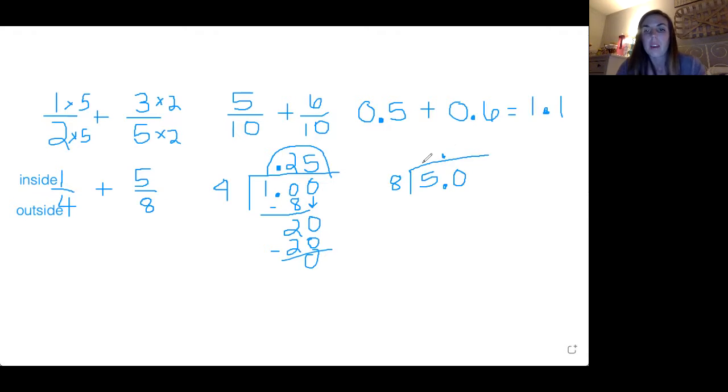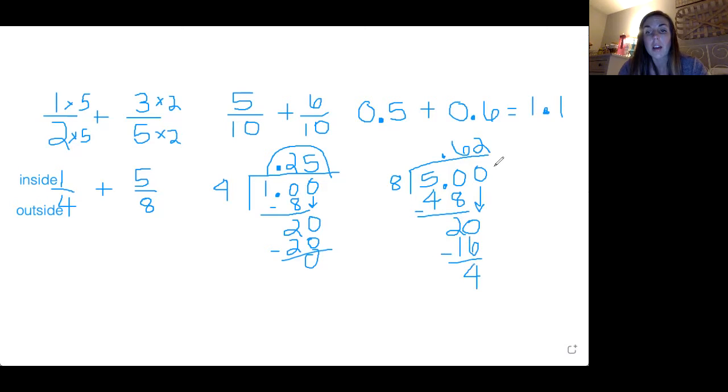Okay. 8 goes into 50 6 times. 8 times 6 is 48. We're going to subtract. You get 2. We need a 0 because our remainder is not 0 yet, so bring it down. 8 goes into 20 twice. 8 times 2 is 16. Subtract, you get 4.